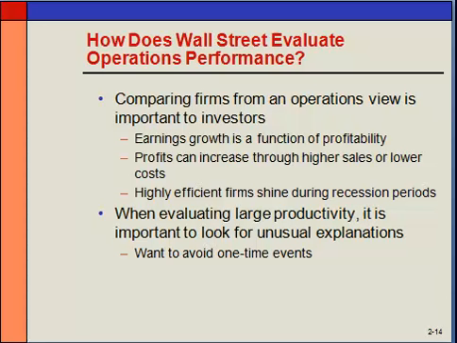I think it is important, and you can read in the book about the explanation of the one-time events. So, let's not take a lot of credit for our productivity increasing dramatically because something else that we had no control over has driven that. But one example I wanted to point out was productivity or efficiency of automotive plants in the U.S. And every year that it's measured, Nissan in Tennessee has the lowest labor hours per vehicle that they produce.